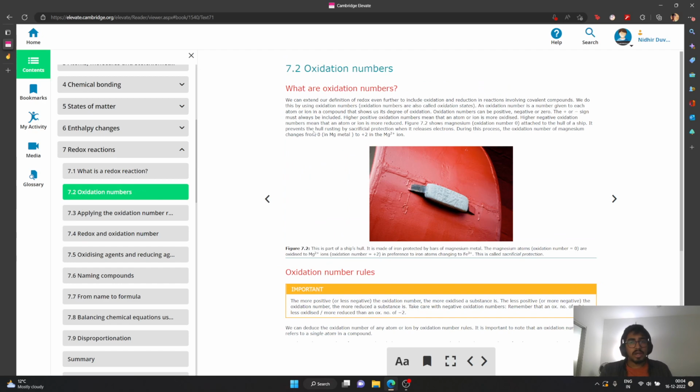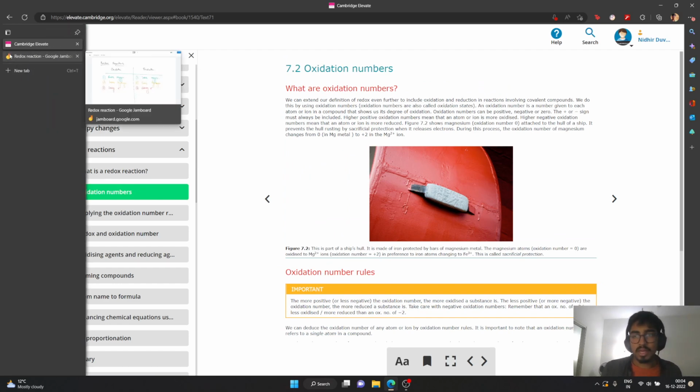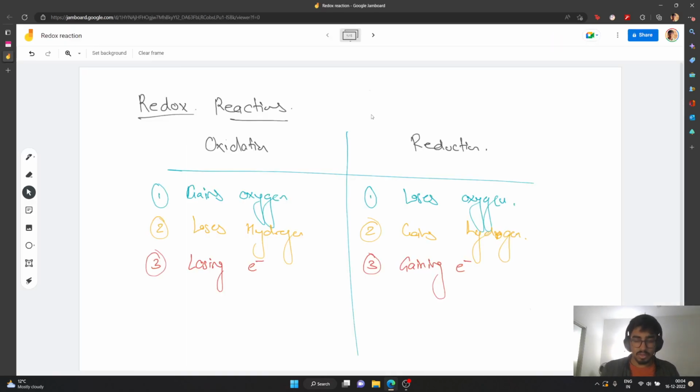So now let's keep moving. Let's try to make our life a little bit simpler and define a fourth rule here.